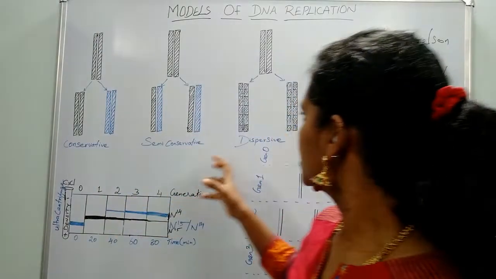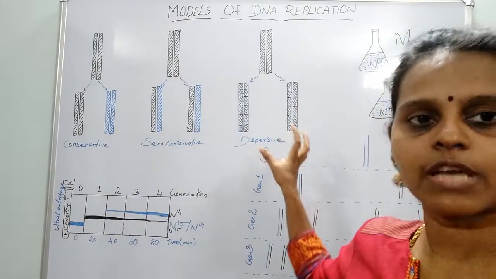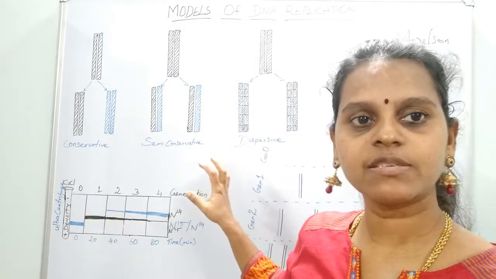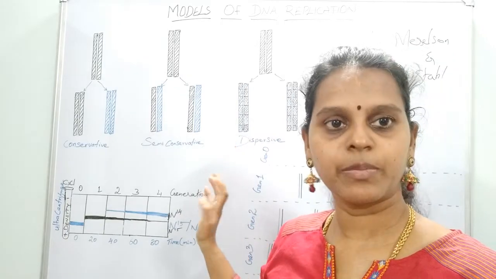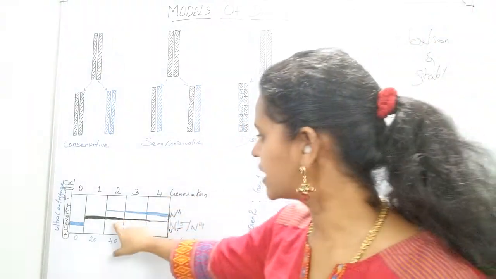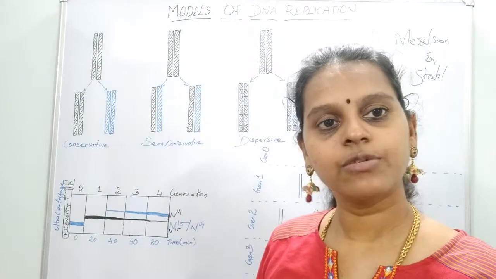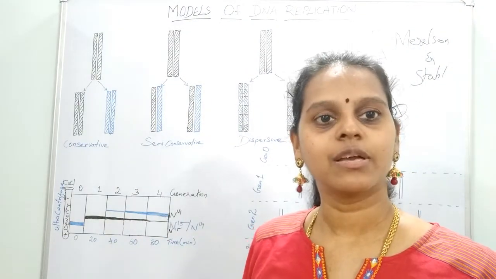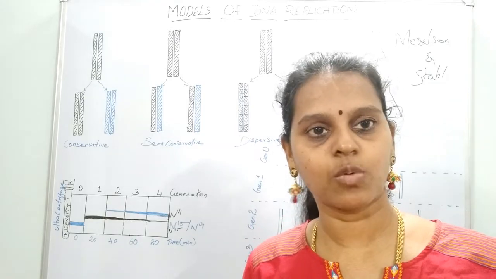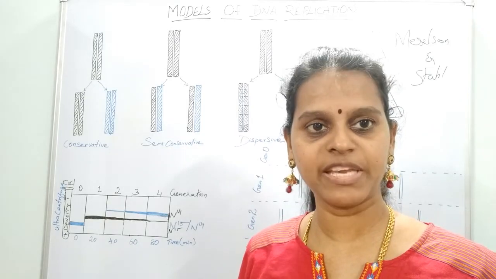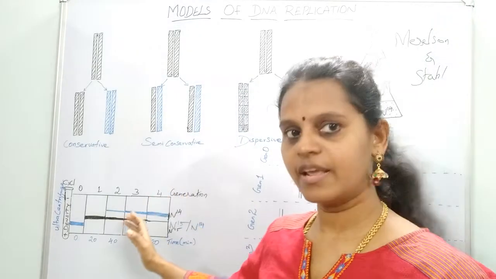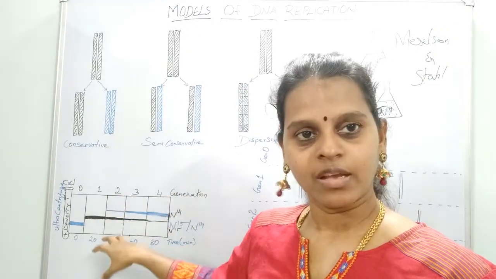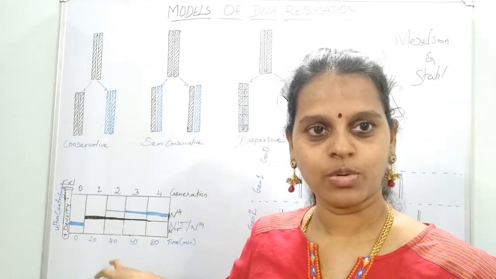In this second generation itself, they concluded that the dispersive method is not the functional method of DNA replication. They concluded the DNA is replicating through the semi-conservative mode.